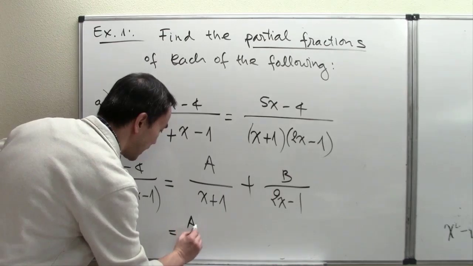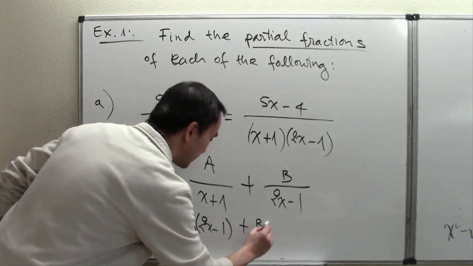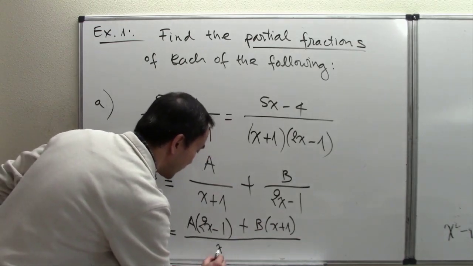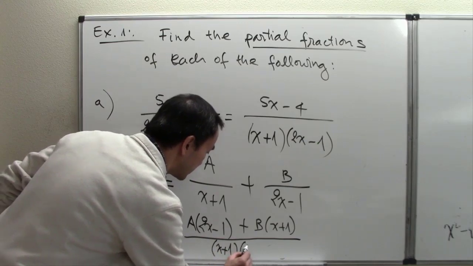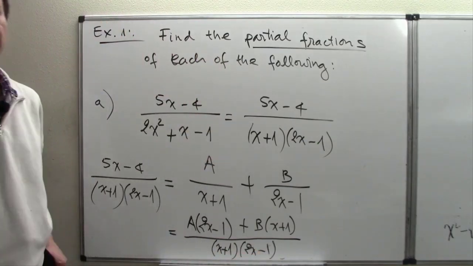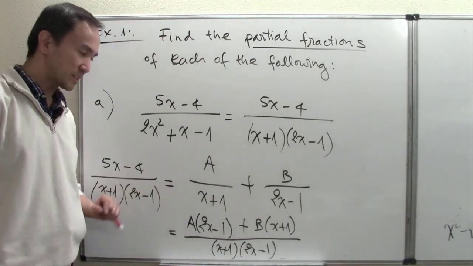So it's going to be A times 2x minus 1 plus B times x plus 1, and we're dividing that over x plus 1 times 2x minus 1, that common denominator. So that's one step, we're combining.